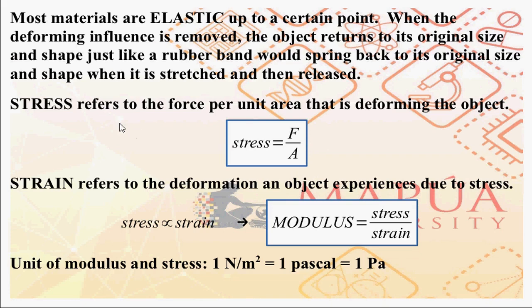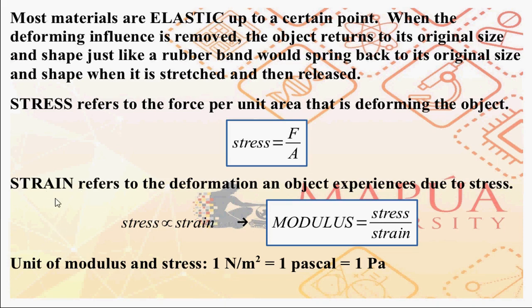And the resulting deformation is measured in terms of what we refer to as strain. Strain refers to the deformation an object experiences due to stress. So, stress will bring about strain, and depending on the type of deformation that happened, there are different ways of measuring strain.